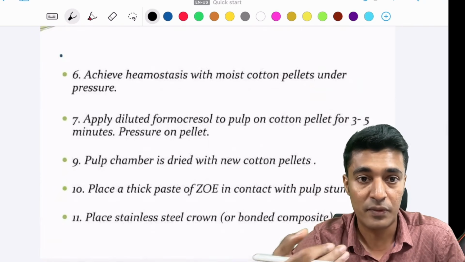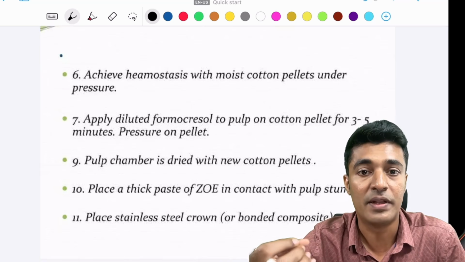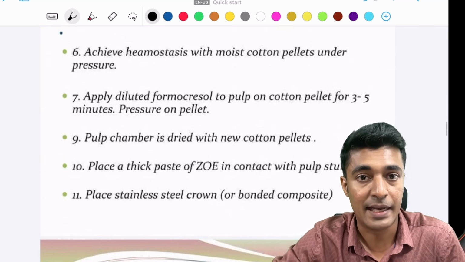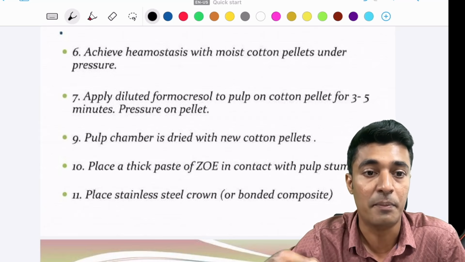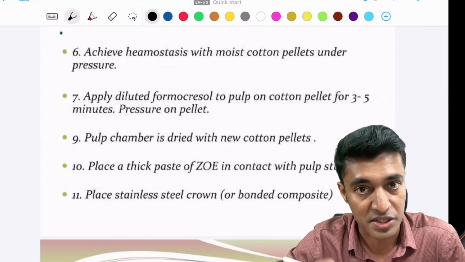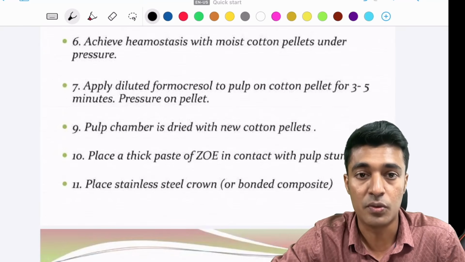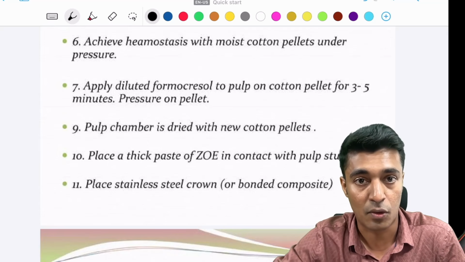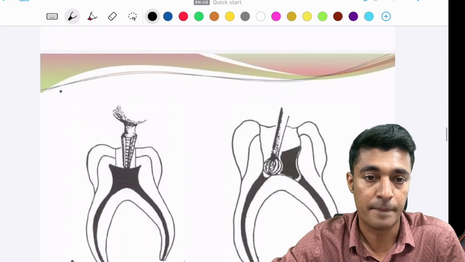Then once you have removed the pulp tissue, achieve hemostasis with moist cotton pellets under pressure. Then apply the diluted formocresol to the pulp on a cotton pellet for 3 to 5 minutes. Then apply pressure on the pellet. The pulp chamber is then dried with new cotton pellets. Place a thick paste of the medicament, that is zinc oxide eugenol, in contact with the pulp tissue. Then stainless steel crowns can be placed.